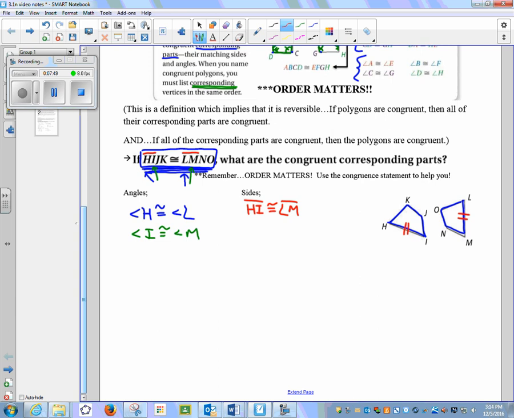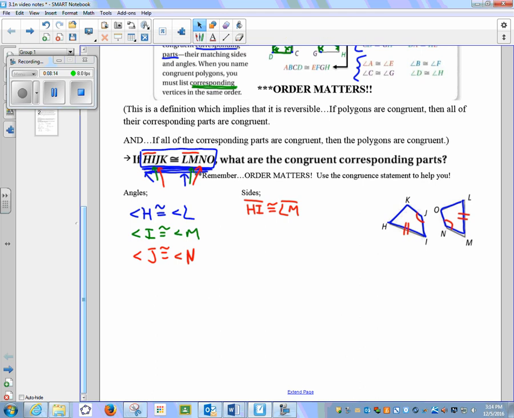That would help you if you can tell J is the biggest angle, right? And N is the biggest angle. So J and N are going to correspond with each other and be congruent to each other. But also if you look in the congruent statement, third letter, third letter, so you know they have to be corresponding and therefore congruent.